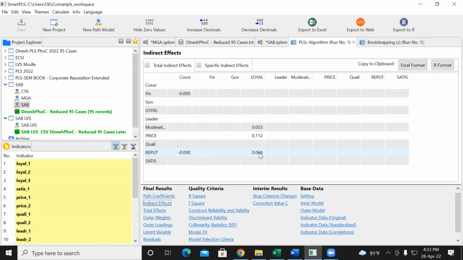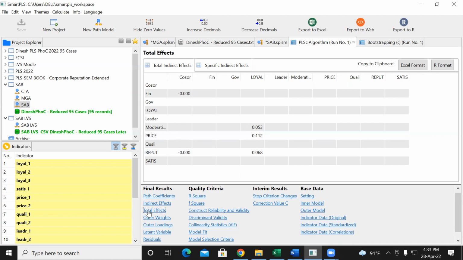Very weak mediation of satisfaction, right? Therefore, you have to look for another way to report, looking at the indirect effect of the independent on the dependent variable. That is very poor here. If it is 0, no mediation at all. That also you can explain in your presentation or in your reports.